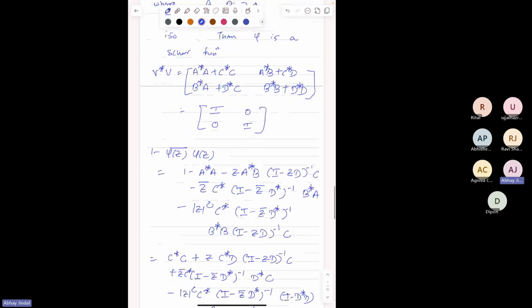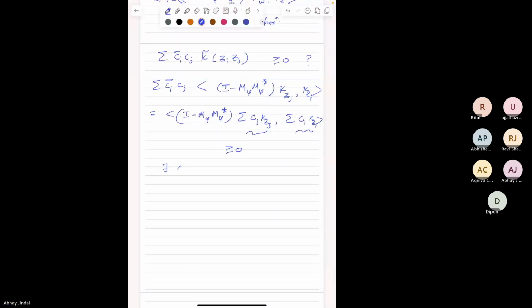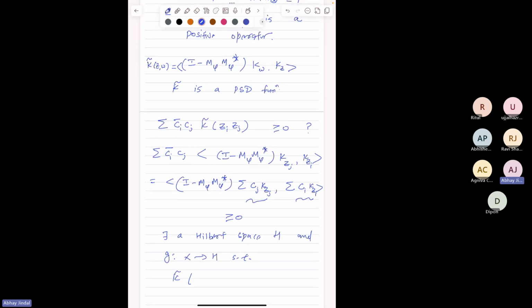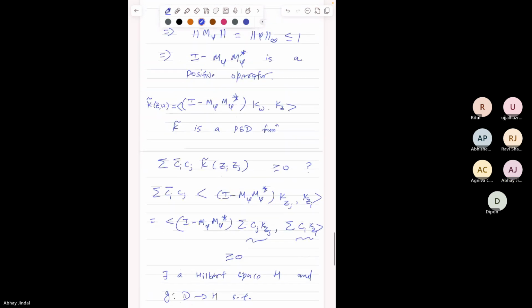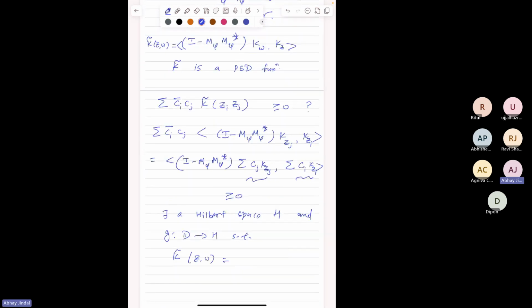We will get that there exists a Hilbert space H and a function g from X to H such that k tilde, well, X here is actually the disk, so k tilde of z comma w is the inner product of g of z with g of w.